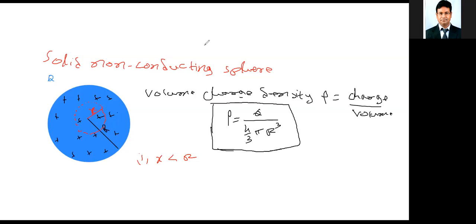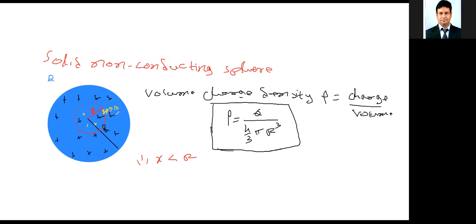So now I want to find the electric field at this point. I will be considering some area on the surface, and the area vector will obviously be perpendicular to the surface. Then the electric field also must be in the same direction, because there's a uniform charge inside everywhere.